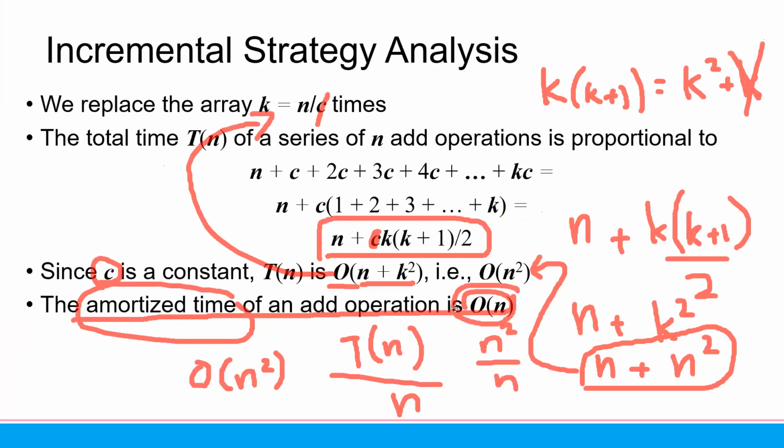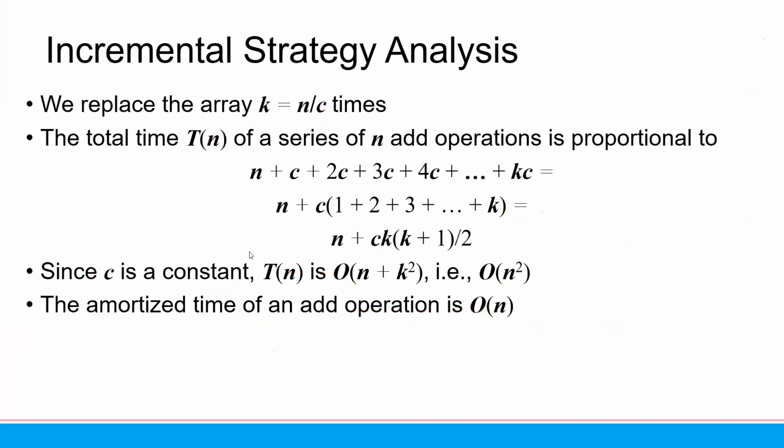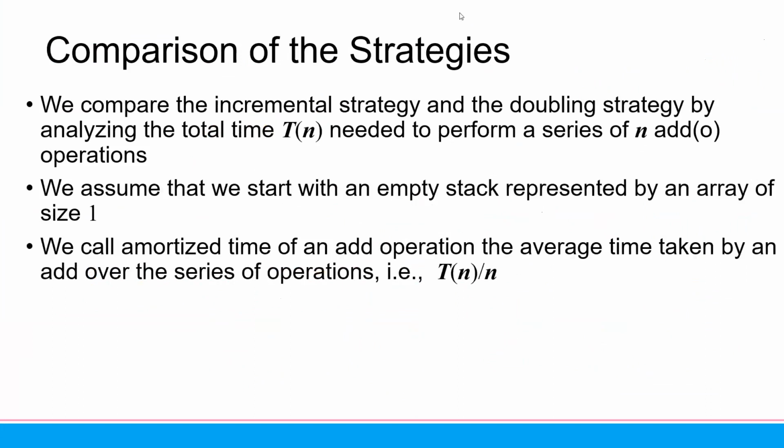So the amortized time of the add operation will be O(n). This is the definition: the amortized time of an add operation is the average time taken by add over the series of operations.